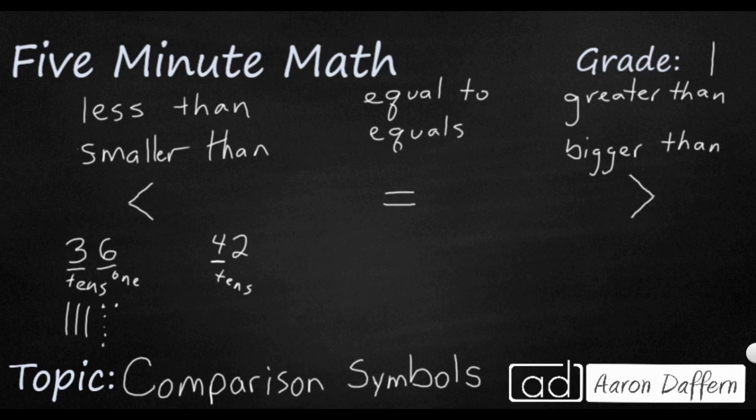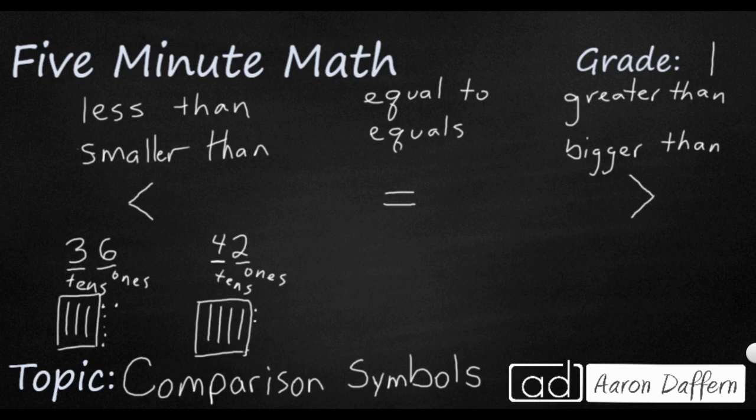Here we go. We've got 42. We have 4 tens. 1, 2, 3, 4, and then 2 ones. So we know that this is larger. This 42 is larger because it has 4 tens, and this 36 only has 3 tens. Which symbol do we choose?